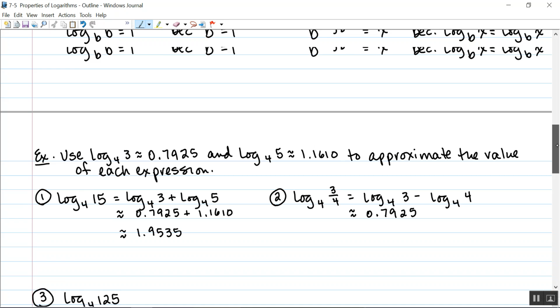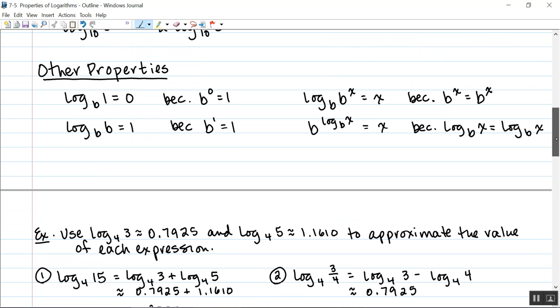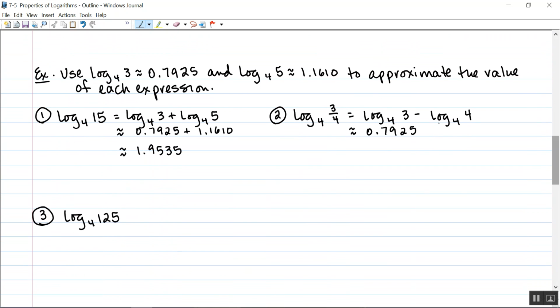But going back to this property over here, log base b of b equals 1, this is just equal to 1. Log with the same base of what you're taking the log of is just equal to 1. So that's approximately equal to negative 0.2075.